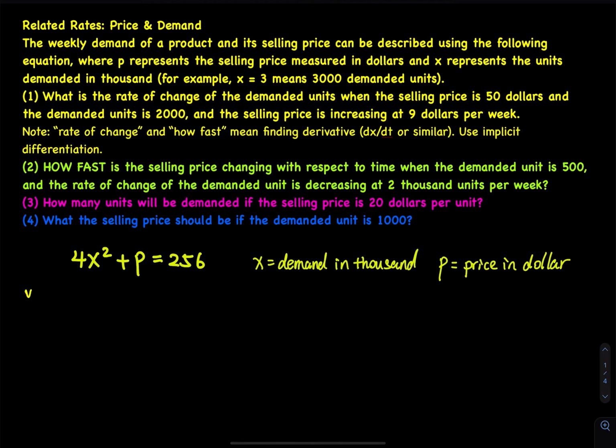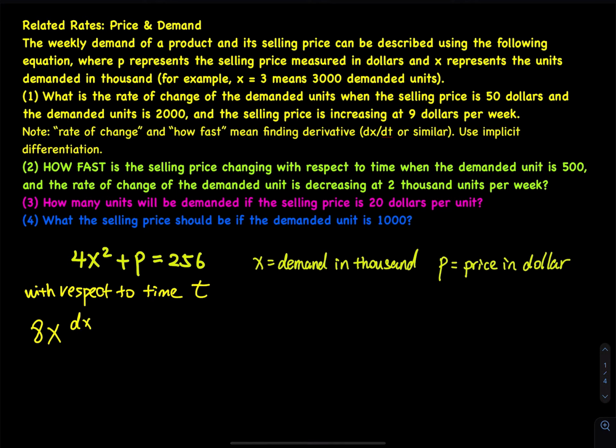This is with respect to time t. So the derivative of 4x squared is what? We bring the 2 down, so that is 8, and the derivative of 4x squared is 8x. Since this is with respect to t, we have to add a dx/dt.